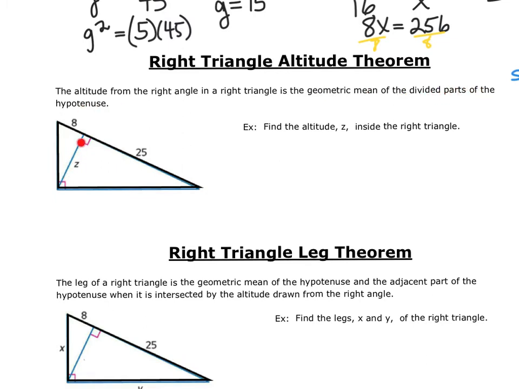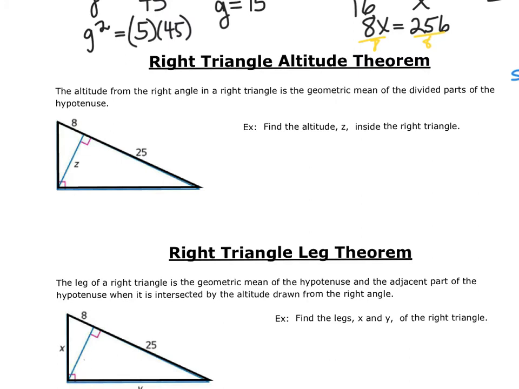So the length of the altitude that's drawn from a right triangle to the hypotenuse, it divides that segment into two parts. Okay, the whole hypotenuse is now divided into two parts. So the length of the altitude is the geometric mean between those two parts.